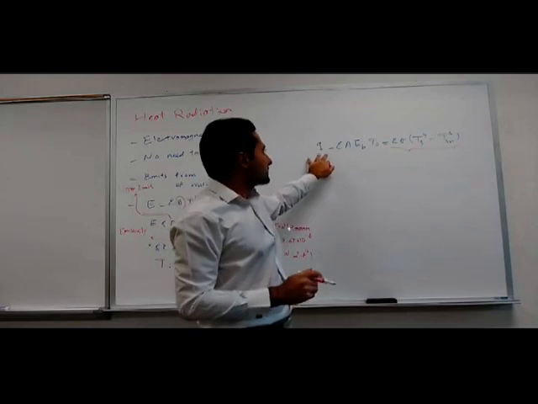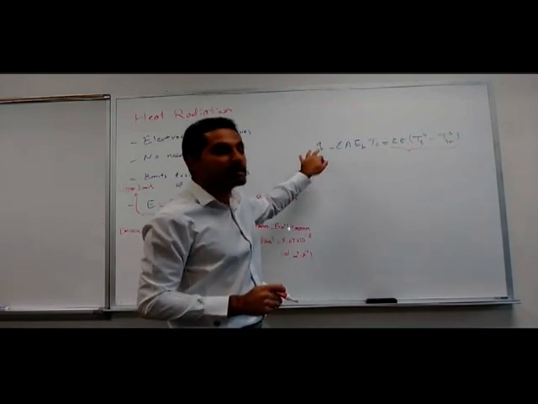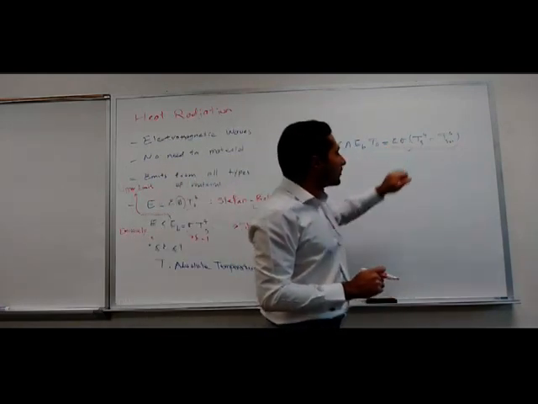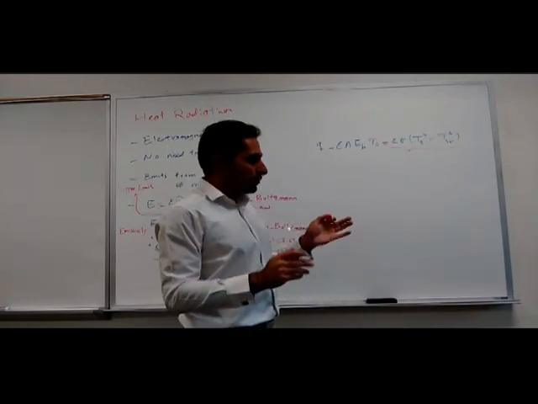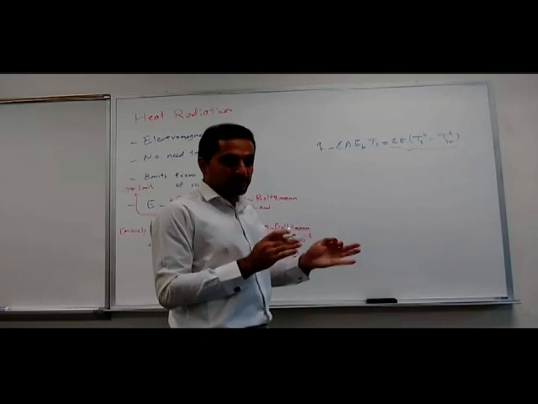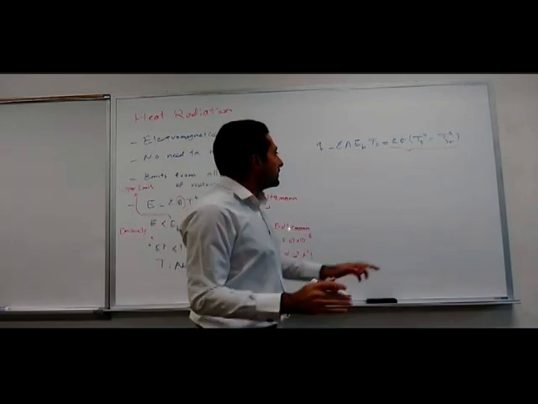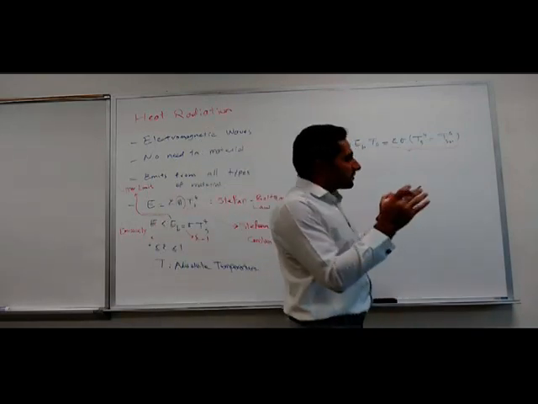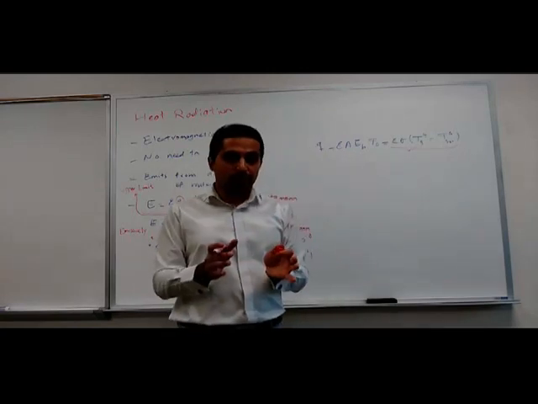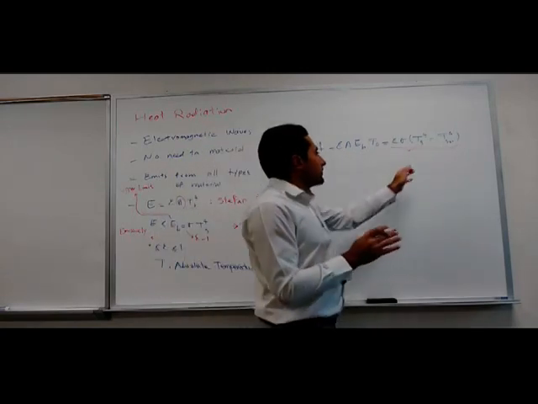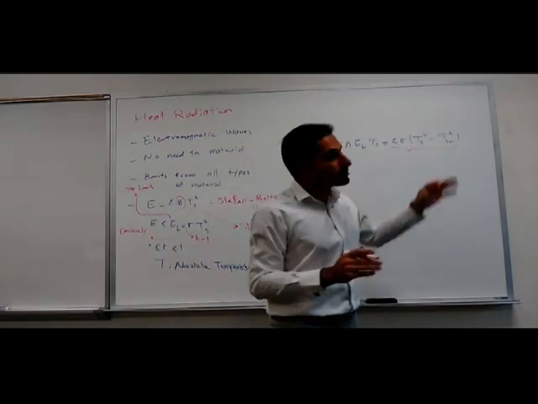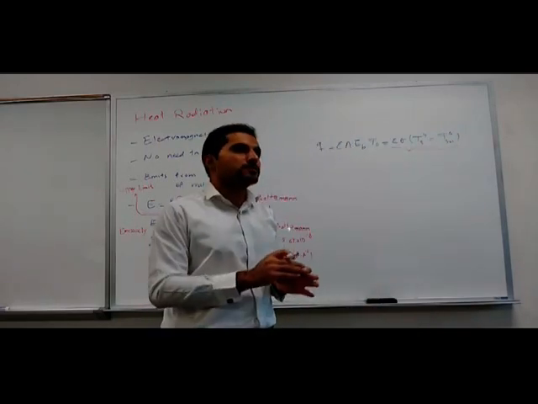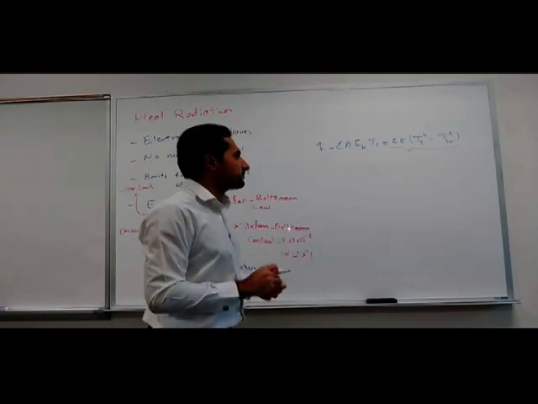Heat radiation is equal to the Stefan-Boltzmann constant times emissivity, which changes between 0 and 1, times the difference of the temperature of the surface and the temperature of the surroundings or the other surface.